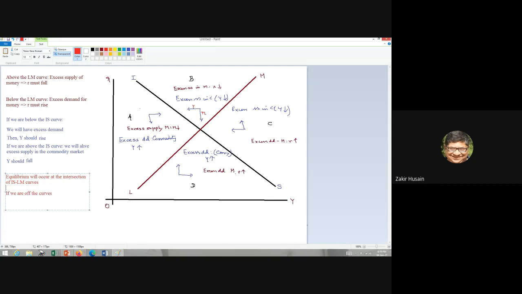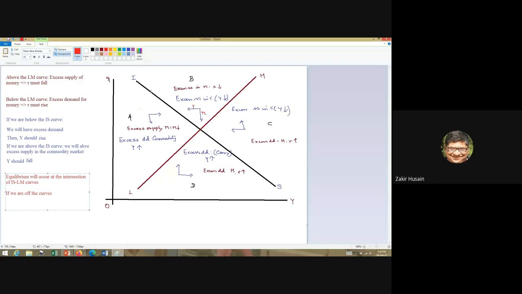Okay, tell me one thing. Suppose we are on the IS curve, but over here, a point like this. Is the economic system in equilibrium? No, sir, only excess supply of money. Okay. So if we are on a particular curve, just on one curve, we have equilibrium in only one market.